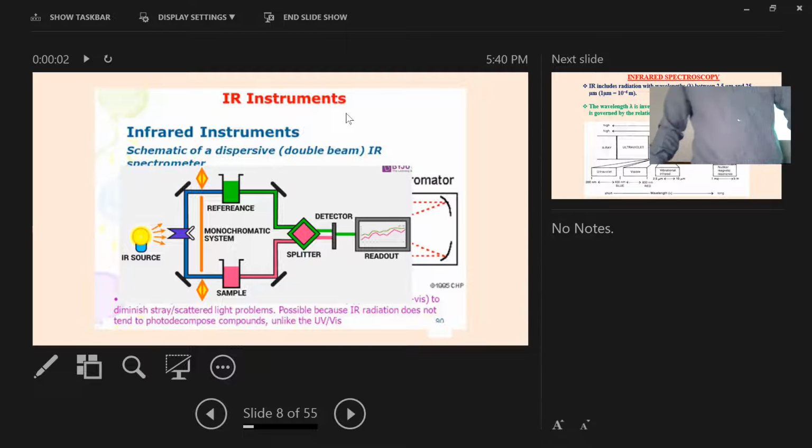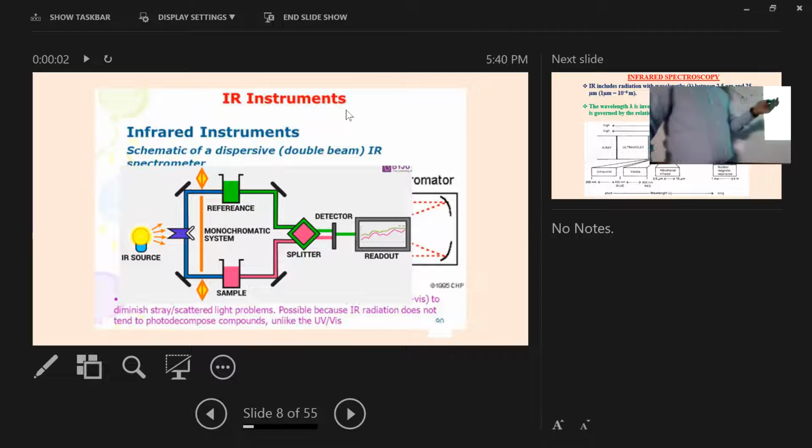That means in the last class we learned about the UV visible instrument. Now we are planning to learn how the IR instrument works. Most of the things are very similar to what I mentioned in the last class. That means we had a light source. In the last class, we had a UV light source or visible light source.